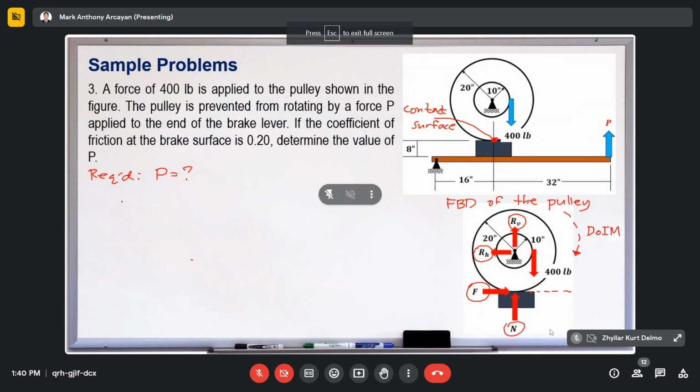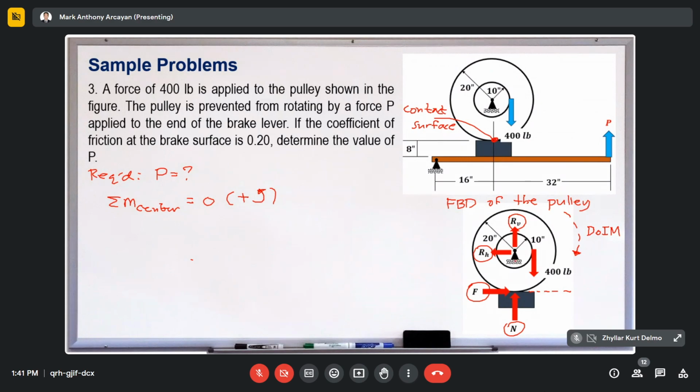So if we take summation of moment at the center of this pulley equal to 0 to attain equilibrium, positive is counterclockwise. What happens here is that the forces RH, RV, and the normal force have no moment. They don't have any moment at all, because their point of application is at the center of our pulley.